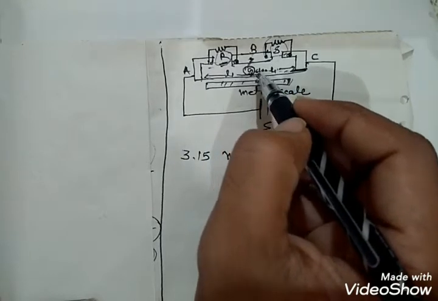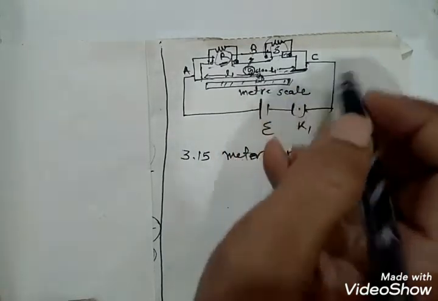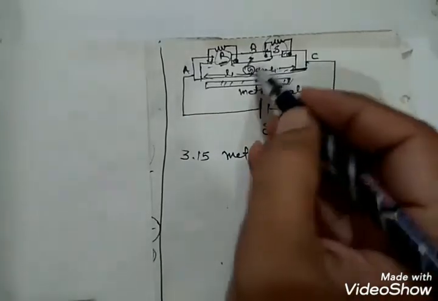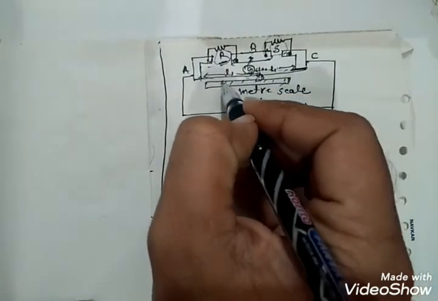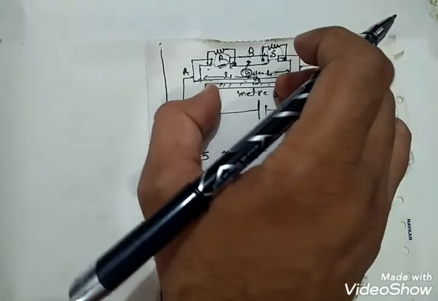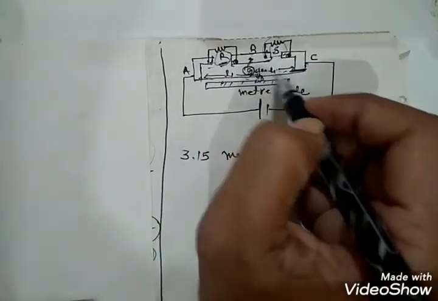galvanometer deflection Ig is equal to 0, meaning the current flow in this case is equal to 0. So the length AD is equal to L1 and the total length of this wire is 100, so the other part is 100 minus L1.